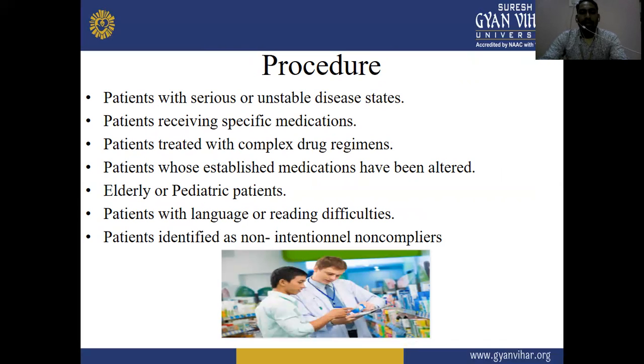First of all, patients with serious or unstable disease states, and patients receiving specific medications for treatment, and patients treated with complex drug regimens during drug therapy, and patients whose established medication has been altered.